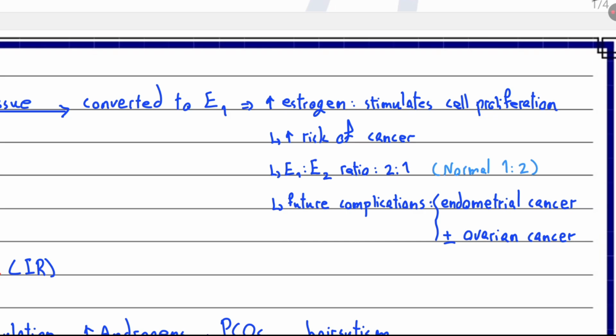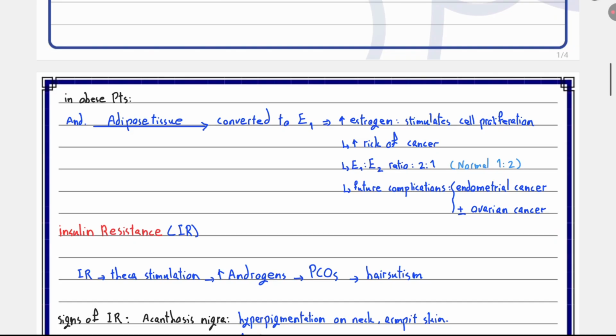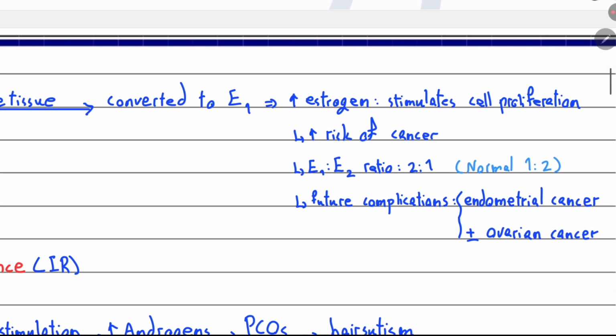We can see formation of cancer. So in obese patients, when they have PCOS, we can see high risk of cancer. Normally, the ratio of E1 to E2 is 1 to 2, of course. But in obese patients, the ratio becomes 2 to 1.